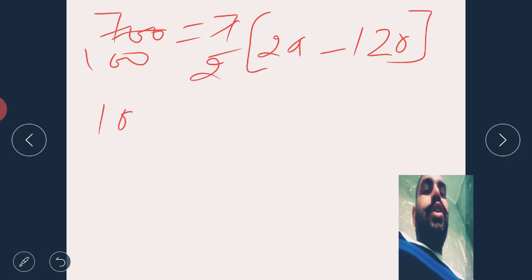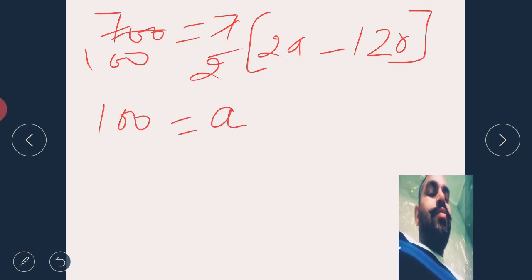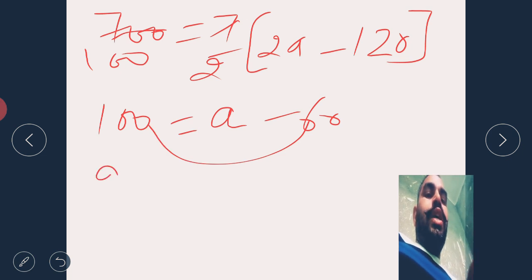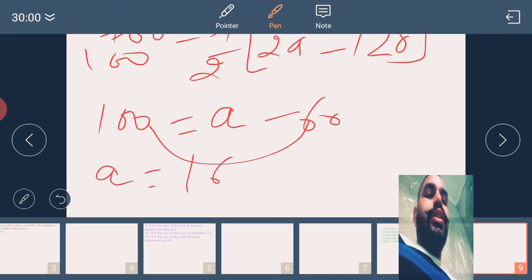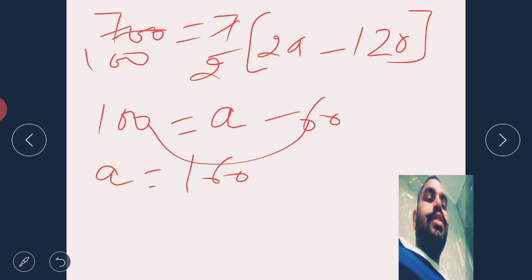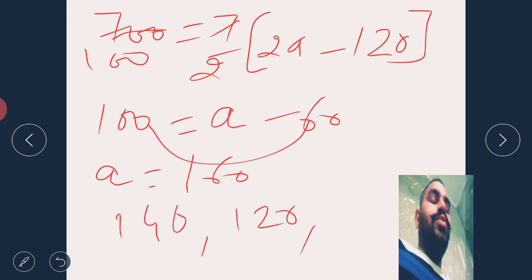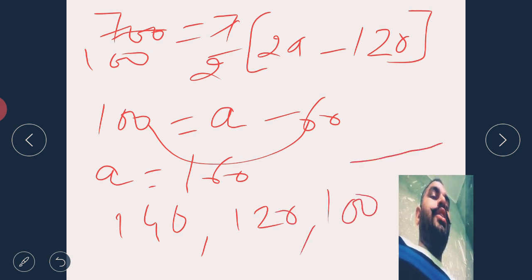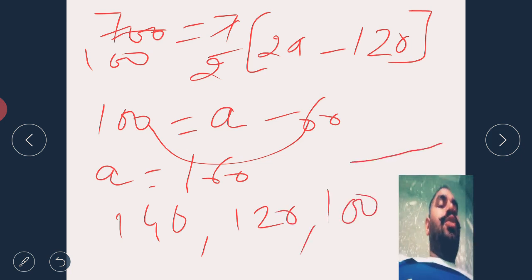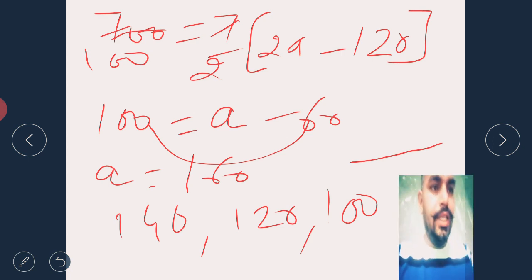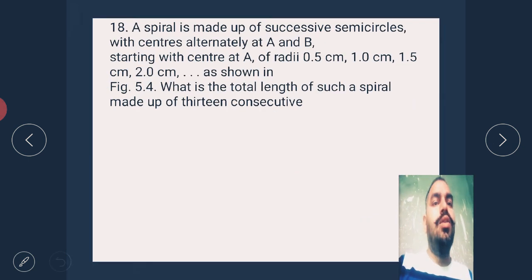So 100 is equal to a minus 60. I transpose this. So a is equal to 160, and the second is subtract 20. So 140, subtract 20, 120, subtract 20, 100, and so on. Got it or not? Yes. We can go for the next question.